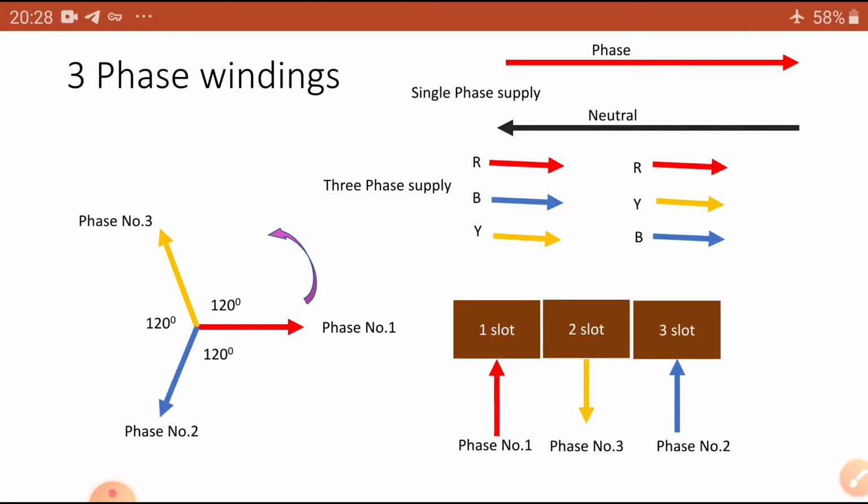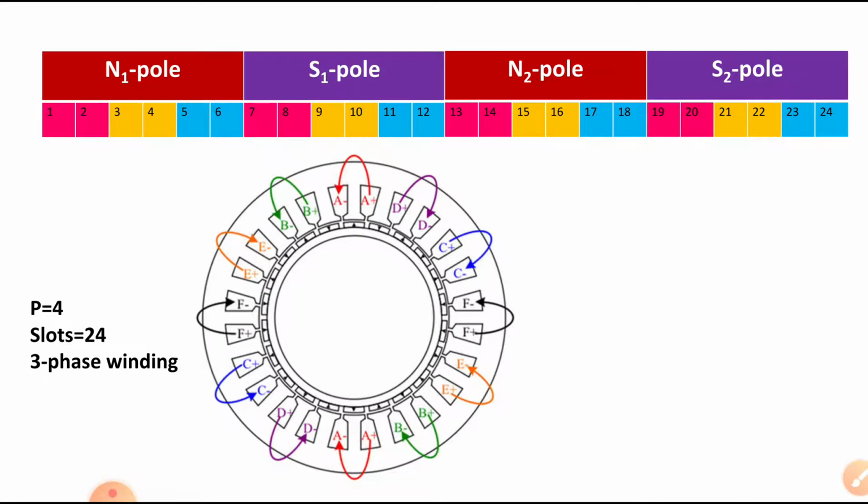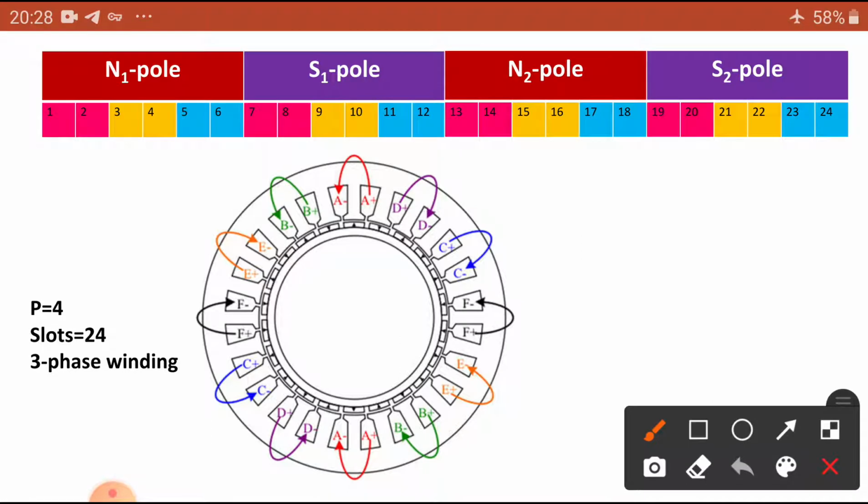Now after knowing this, let us see here. There is a 4 pole, 24 slot, 3 phase winding given. Here 4 slots. What we discussed previously: this is Delhi, this is Calcutta, this is Chennai, this is Mumbai. Under each place, how many slots?